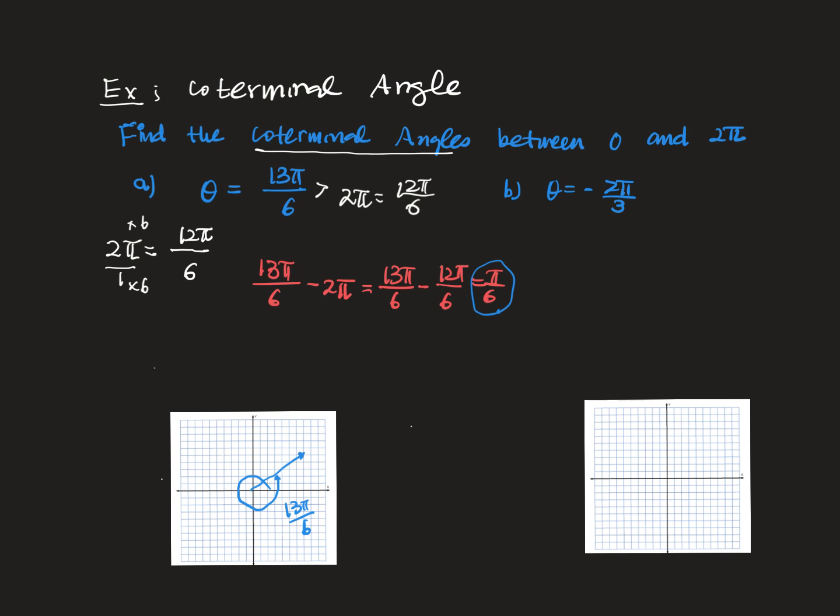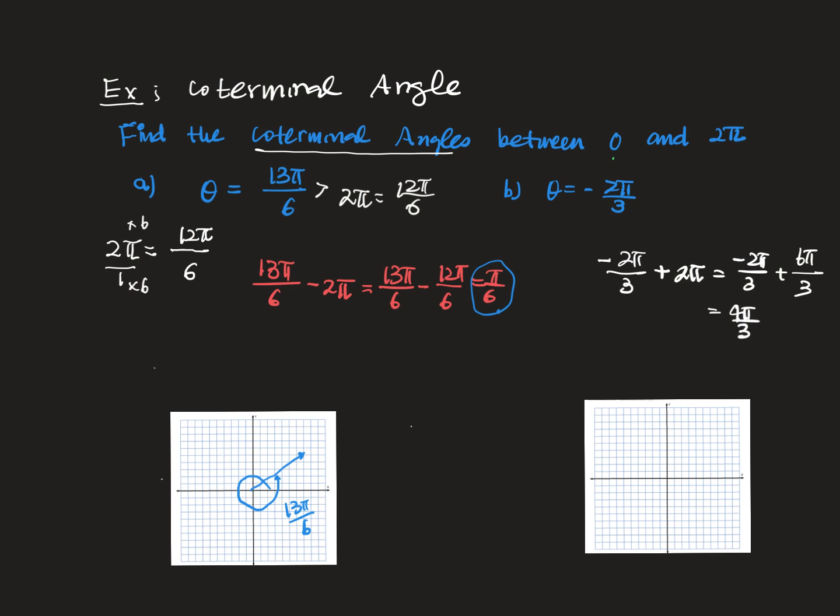So how about this one? Negative 2 pi over 3, here it's negative. How can we find the angle only between 0 and 2 pi? You say negative 2 pi over 3 plus 2 pi this time. That's negative 2 pi over 3 plus, what is the denominator, 3 right, so 6 pi over 3, that's 4 pi over 3.